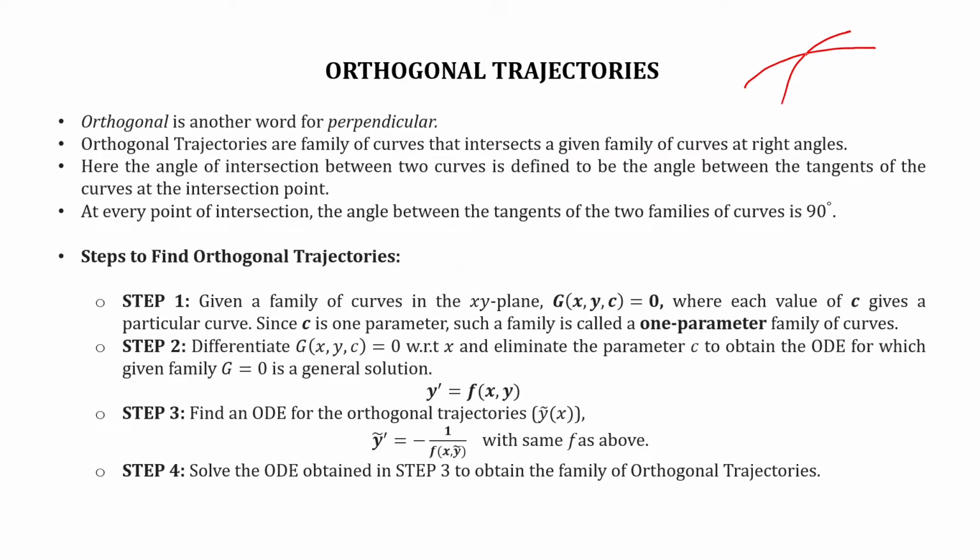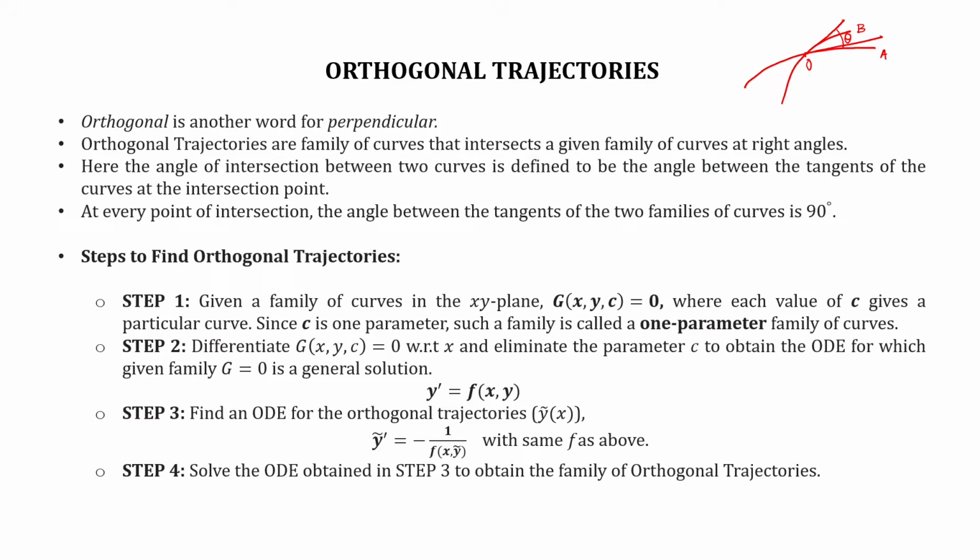For example, suppose this is the tangent to curve A and to curve B. Let us assume this is the tangent at the point of intersection. Then this angle theta between the tangents is the angle of intersection between the two curves at the point of intersection. Let us call this point O.